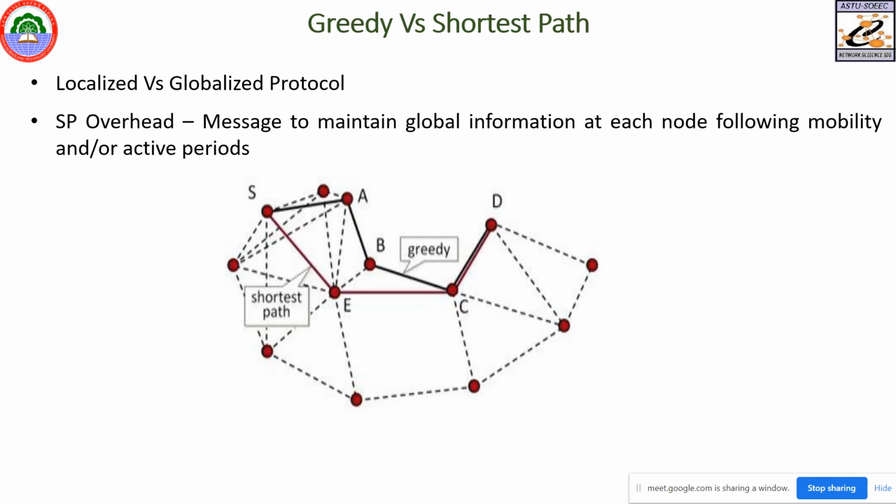By following the greedy approach, this path will be obtained for relaying the packet from source to destination.